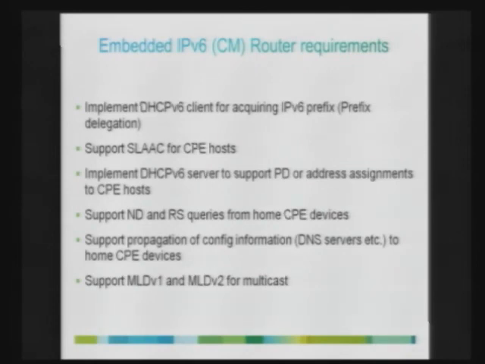And the configuration information such as the list of name servers and other data, it receives from the DHCP server and propagates to the home CPE devices. For that it can use DHCPv6 itself, or another configuration option. And it should support MLD version 1 and version 2, multicast listener discovery protocols, on the CPE side too.